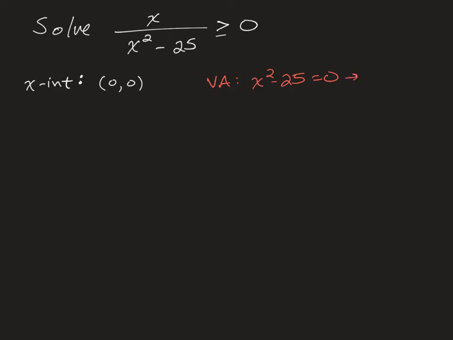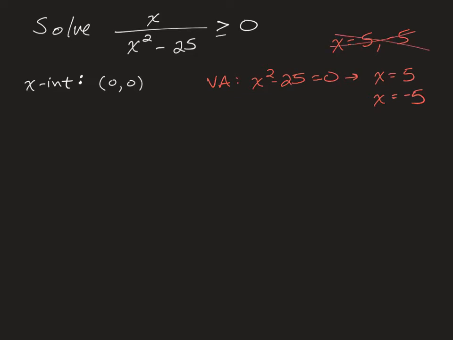Either way, you'll have two vertical asymptotes, one being x equals 5 and the other being x equals negative 5. And I don't know that I said this, maybe this will be a reminder: every vertical asymptote requires its own equation. You don't write x equals 5 and negative 5.